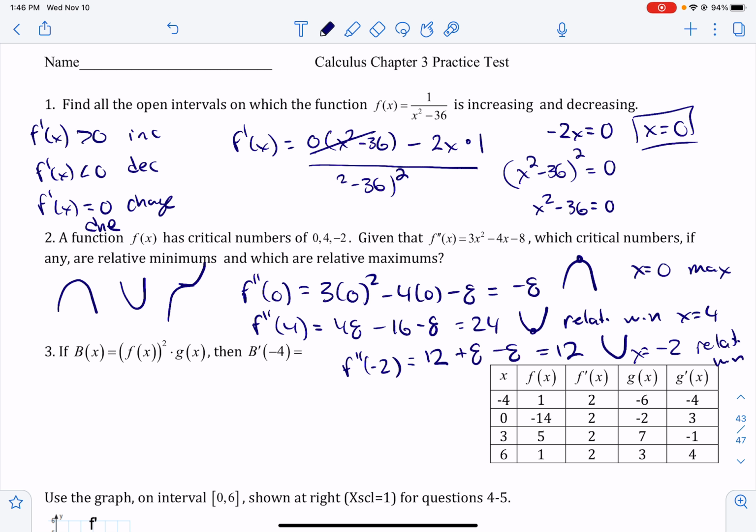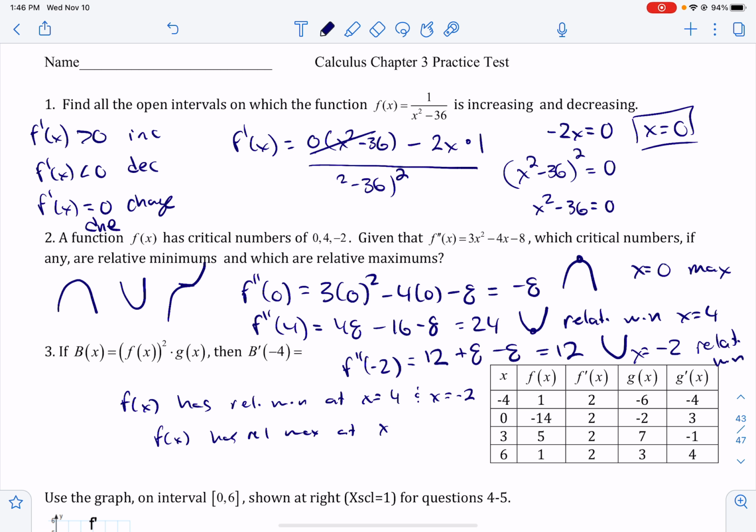So I can say that f of x has a relative minimum at x equals 4 and at x equals negative 2. F of x has a relative maximum at x equals 0. And the second derivative gives me all of that information.